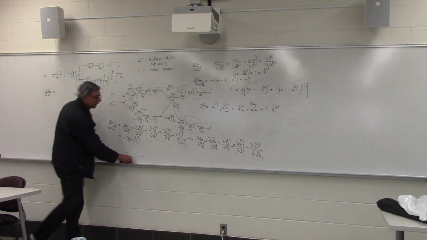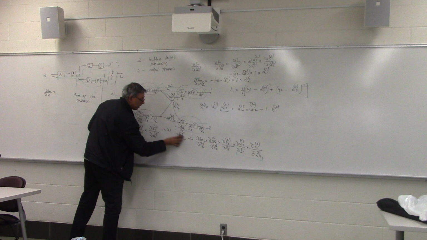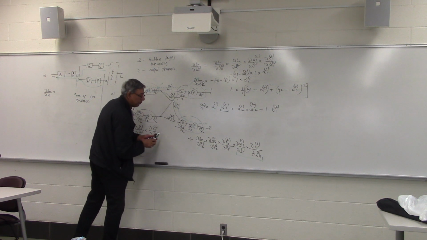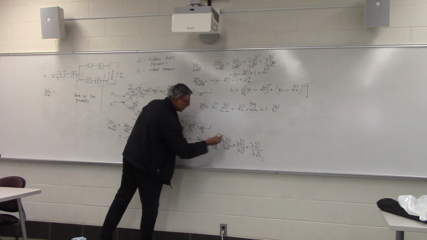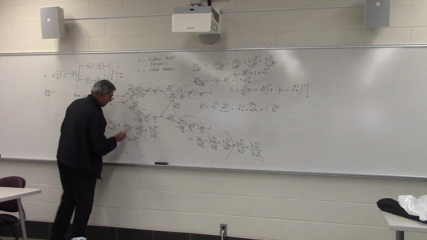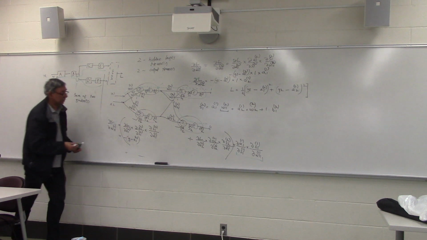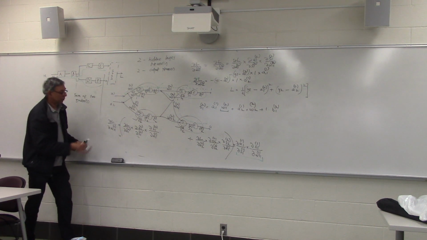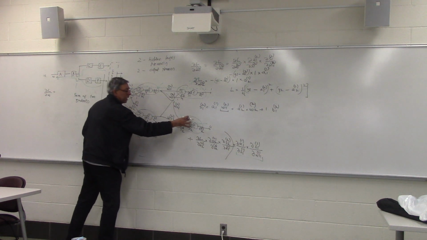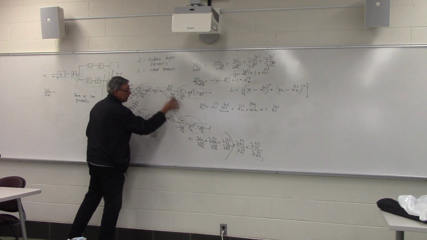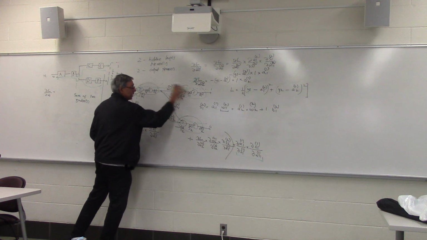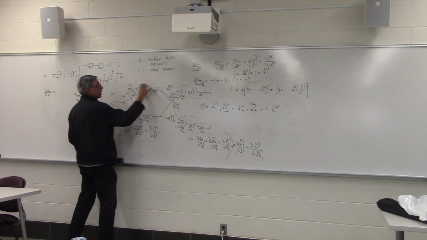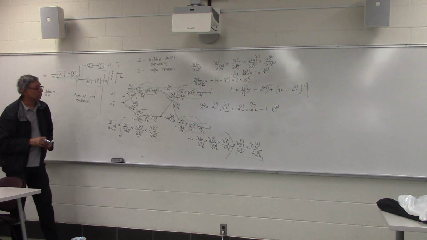If I did that, then what will this become? This will become like this. You guys agree? Basically, if you take a look at the picture, what I'm doing is adding these gradients and then multiplying with the common path. So that's what we did.